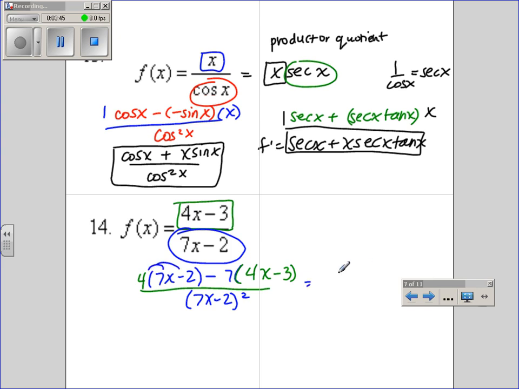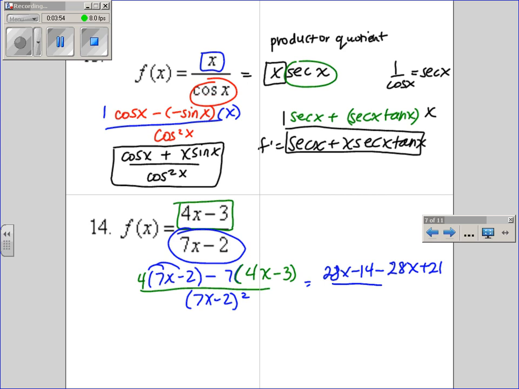The top, let's multiply out 28x minus 14, and then a minus 28x plus 21, all over 7x minus 2 squared. 28's cancel. We have 21 minus 14, so we get a 7 over 7x minus 2 quantity squared.